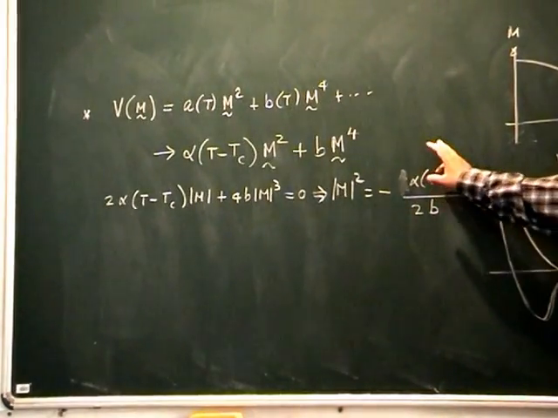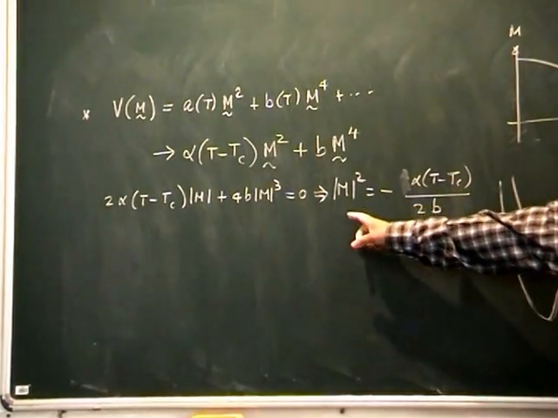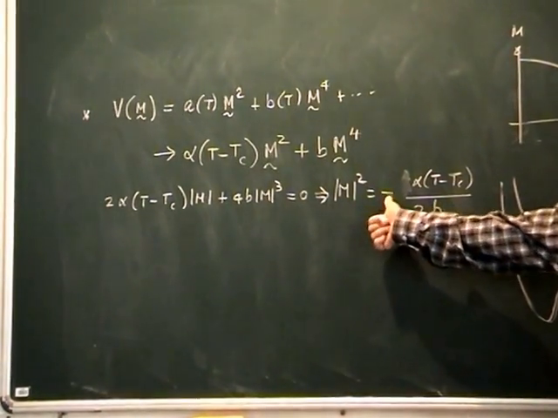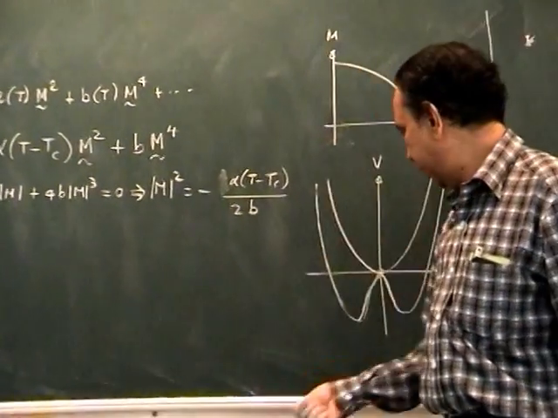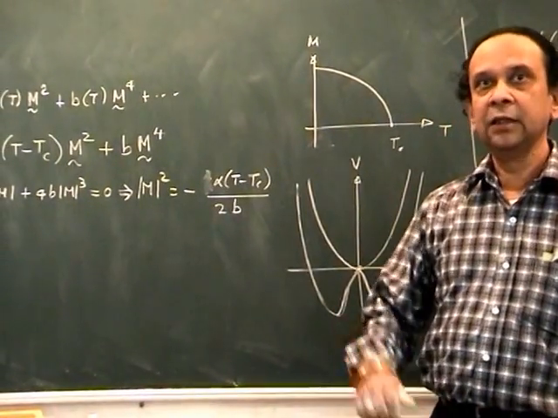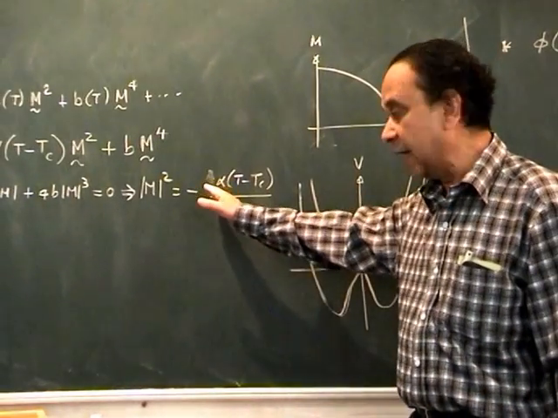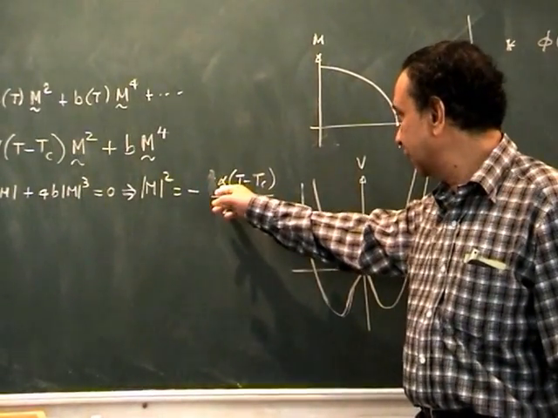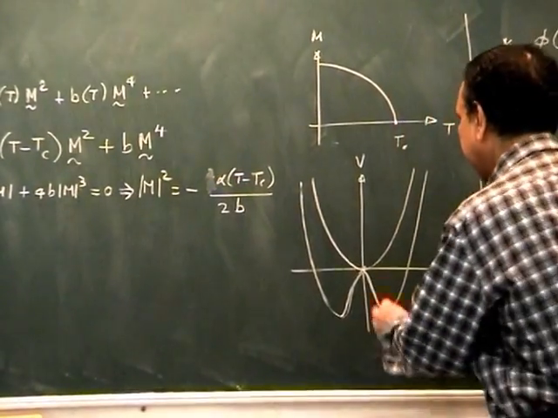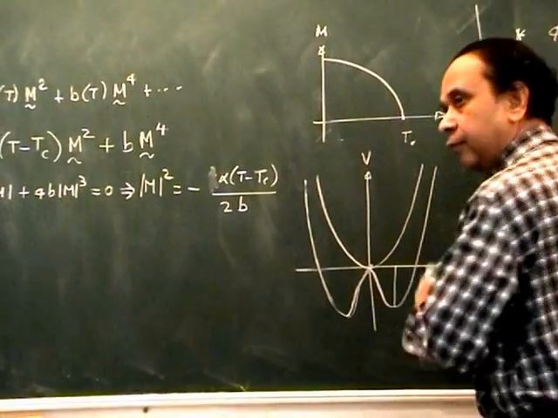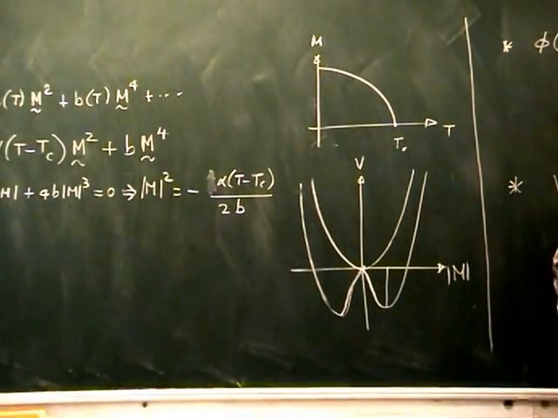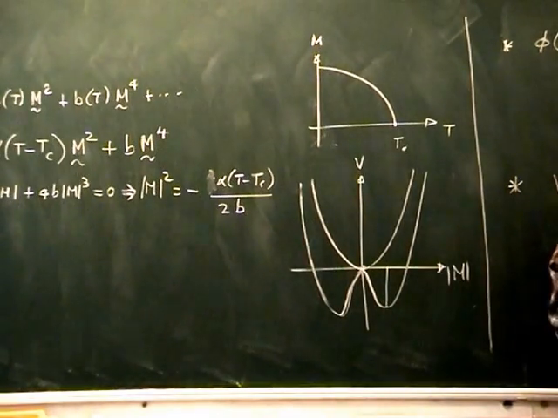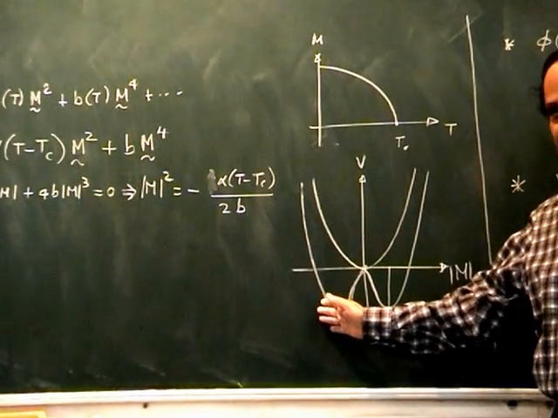If t is greater than Tc, you cannot use this solution because m square being negative cannot happen. So you have to pick the other solution. So t greater than Tc, it sits here. For t less than Tc, this is negative, and as a result of which, you are going to get a magnetization here. That's it. So you start with a Hamiltonian which is perfectly symmetric under m to minus m.